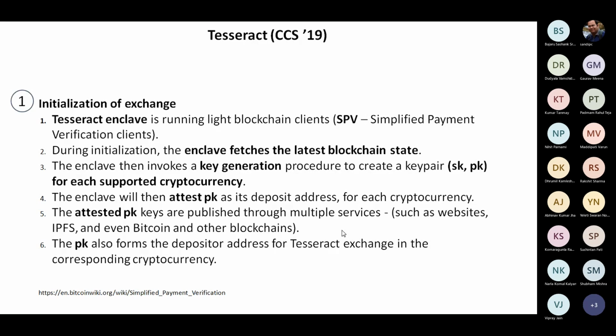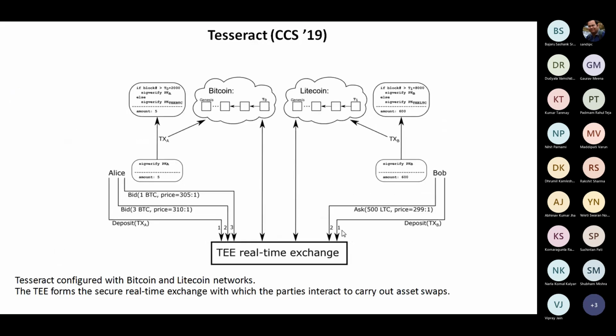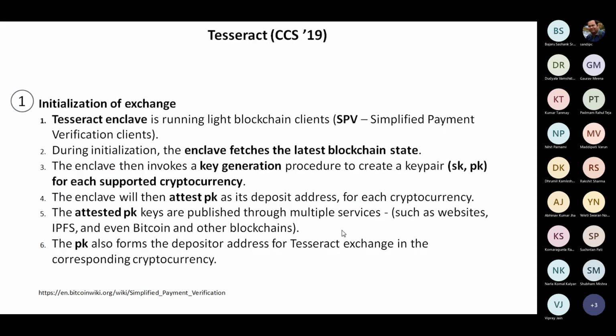So of course the secret key and the public key for each supported cryptocurrency. And the enclave will then attest this PK, the public key, as its deposit address for each cryptocurrency. So it will have one PK for Bitcoin and one for Litecoin.